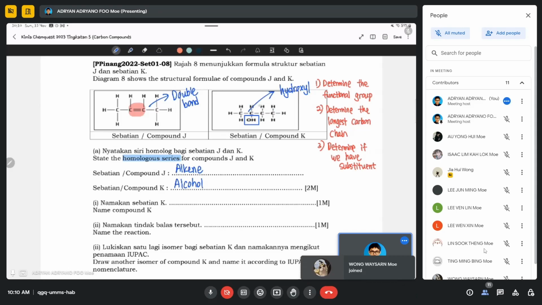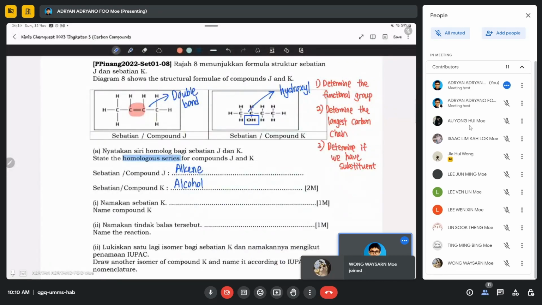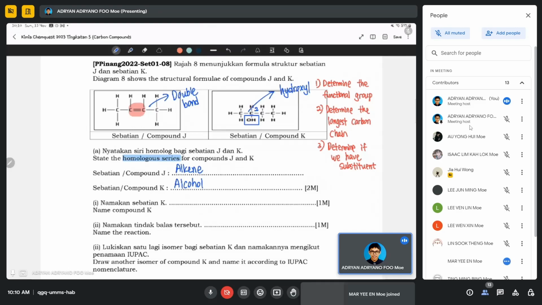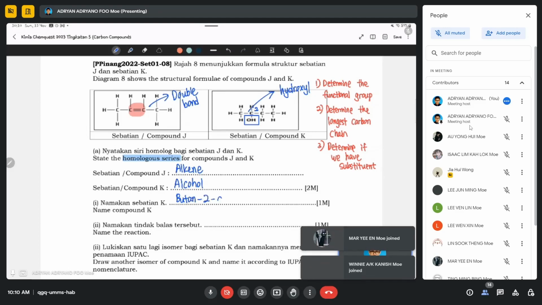We must remember, functional group 一定要 lowest carbon. Okay, functional group must be the lowest carbon number. So here, functional group will number as number 2. Okay. So this one, the name would be butan-2-ol.